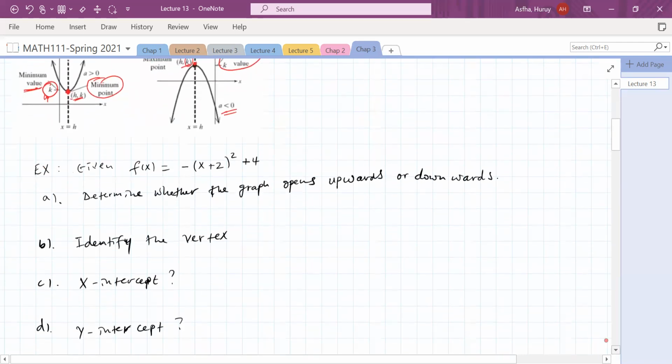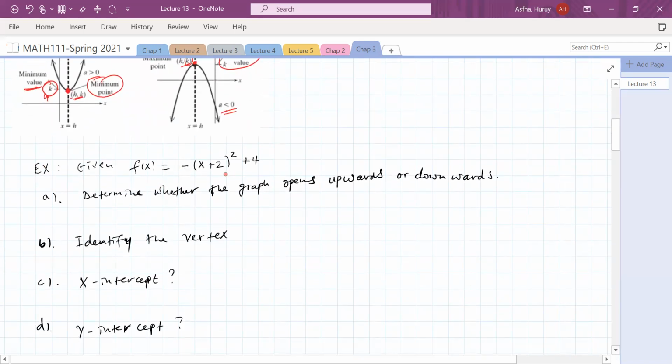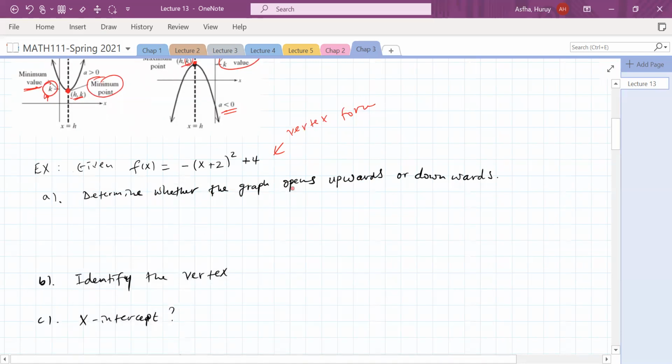Suppose we have this already written in vertex form, so we don't need to rewrite it. We have f of x equals negative (x plus 2) the whole squared plus 4. We are asked to determine whether the graph opens upwards or downwards. To determine this, we need to know what our A is.